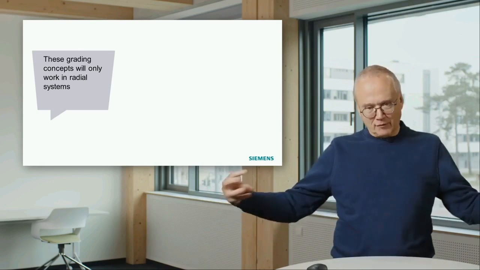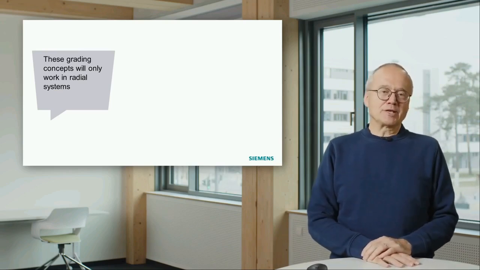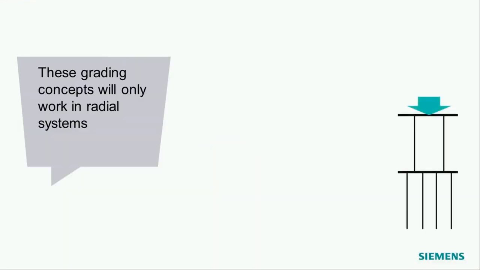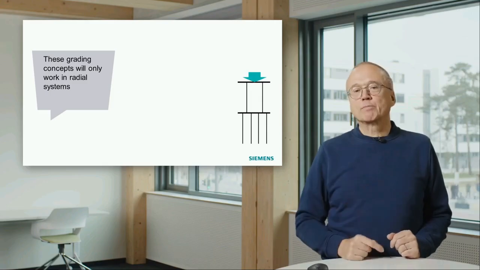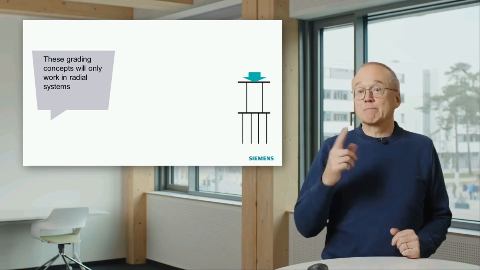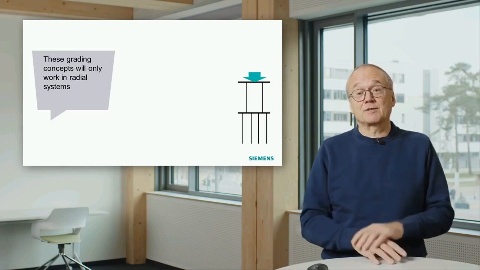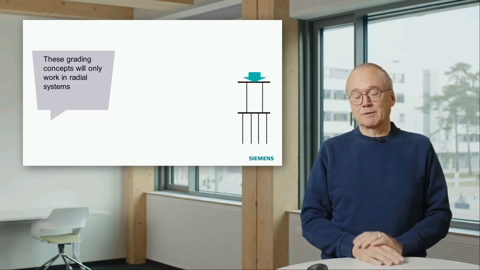As soon as we have infeed from both sides, you can easily check these concepts will not work. What we often have in distribution systems is basically a radial system, but with some exceptions. Like shown in this example, we have 2 parallel lines. That is a mesh. Theoretically, it is no longer a radial system.